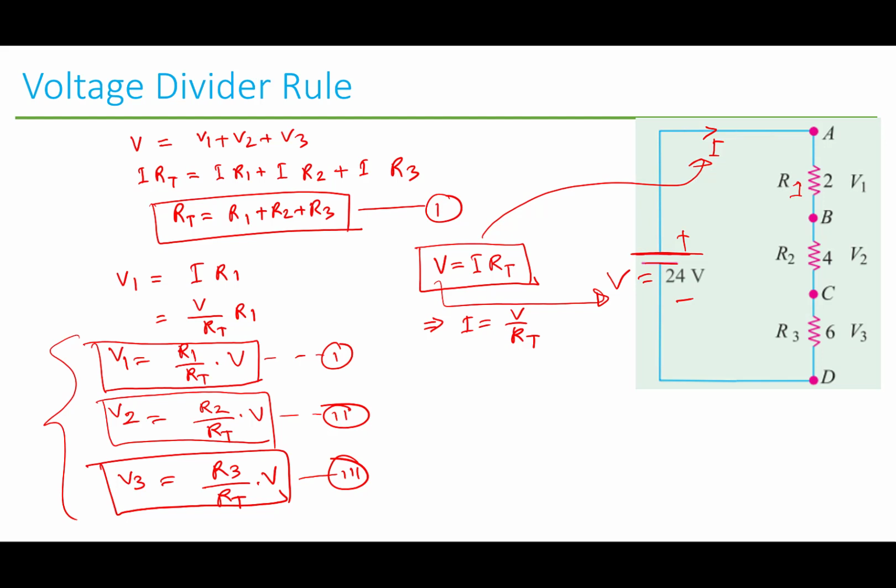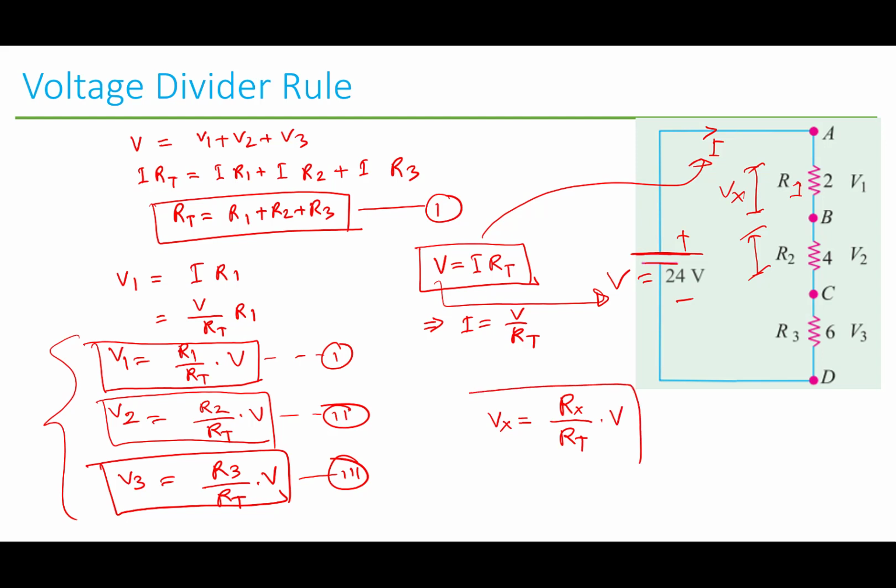Now we need to find out a generic expression. So the generic expression is Vx, just a variable. If you want to find out the voltage across any element, you have to take R times V divided by RT.